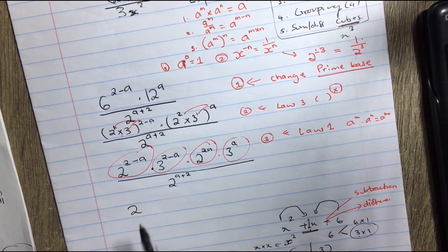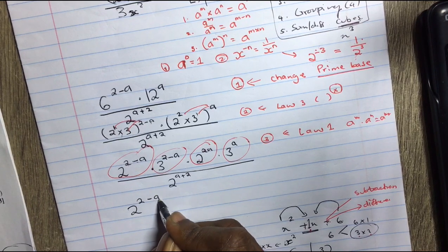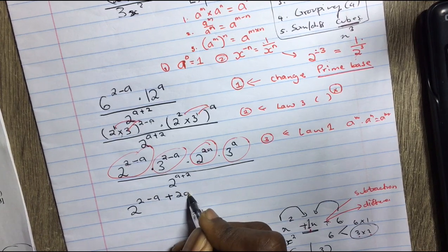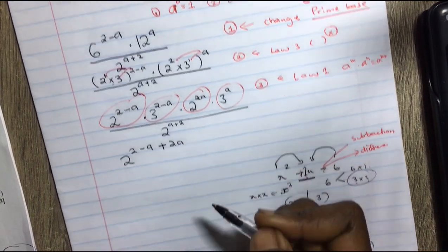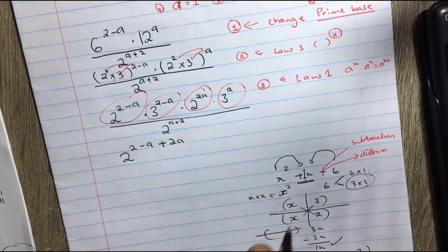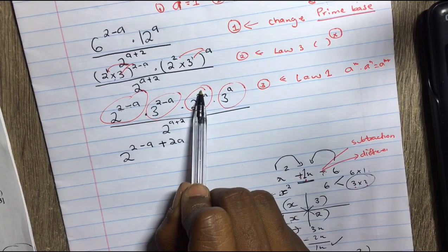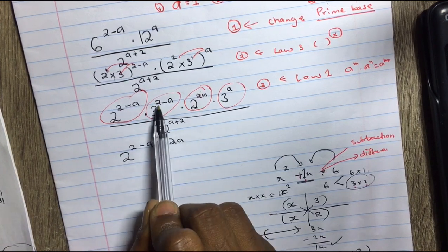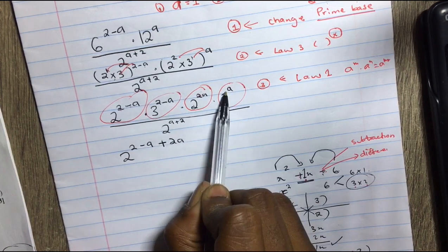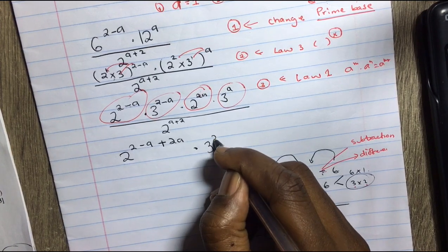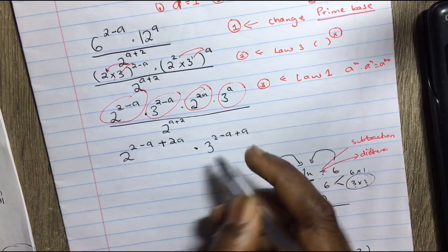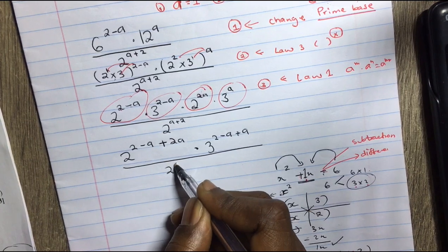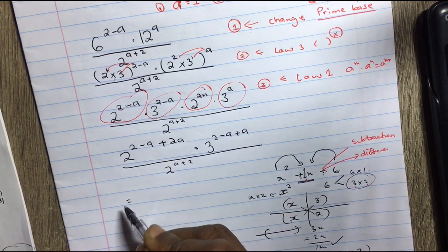So I'm going to have one base, 2 minus a plus 2a. Do you see it? I hope you see it. I'm adding these exponents, so I write only one base and I add the exponents. And then 2 minus a plus a, over 2a plus 2, right?